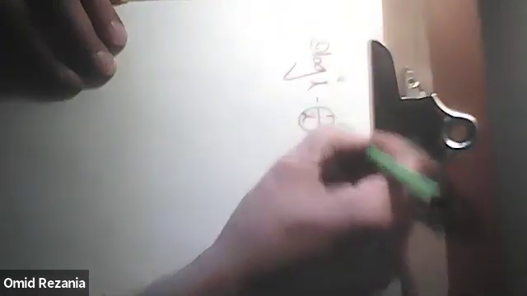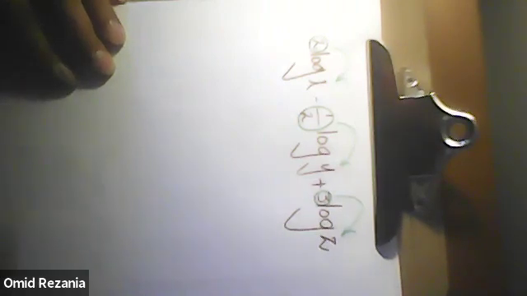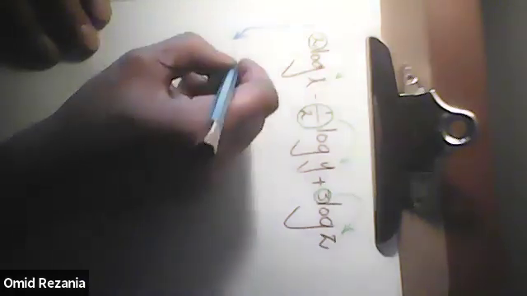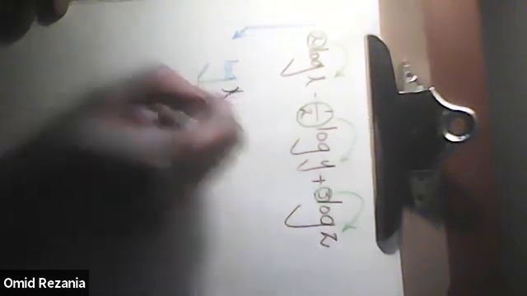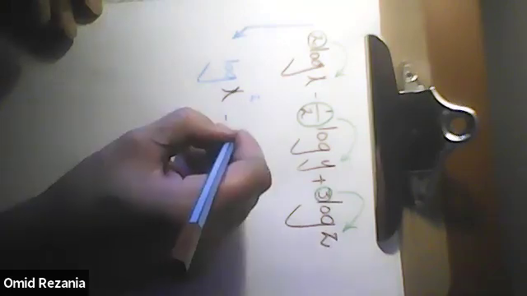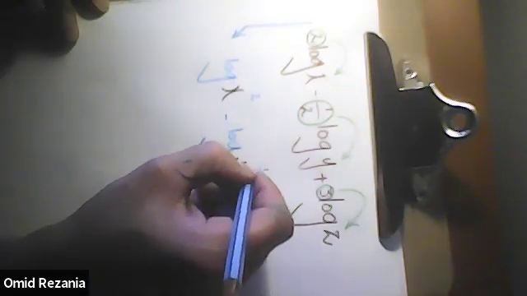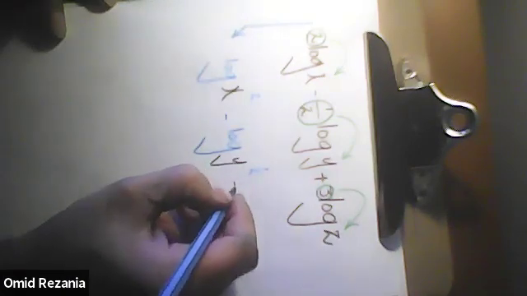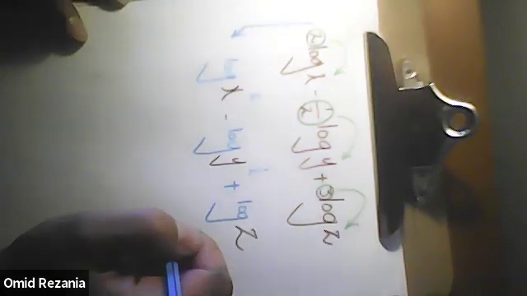Then I can take every one of those hats into the head of the main driver, which essentially means you can write this expression like this: the log of x to the power 2, minus the log of y to the power 1 over 2, plus the log of z to the power 3. Correct?